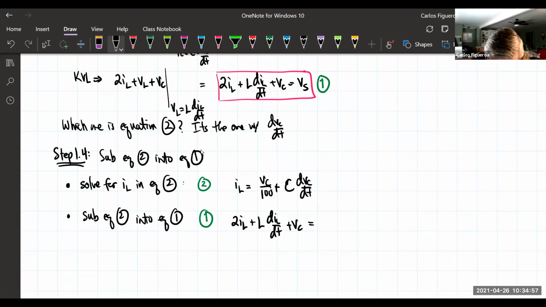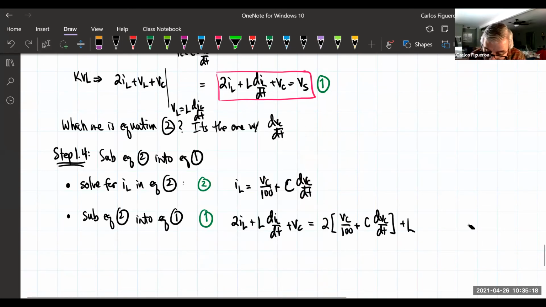If I substitute this in there, I'm going to get 2 times the quantity VC over 100 plus C dv/dt, and then I have L. Now I got to take the derivative of that term. I'm going to run out of space, so I'm going to move this down.